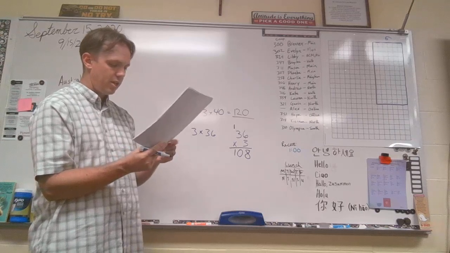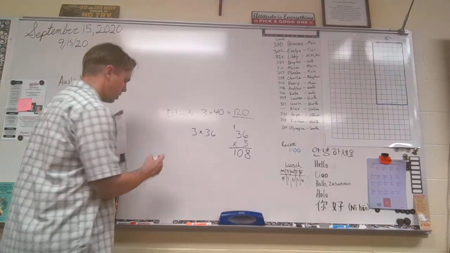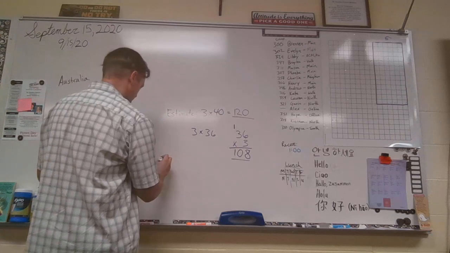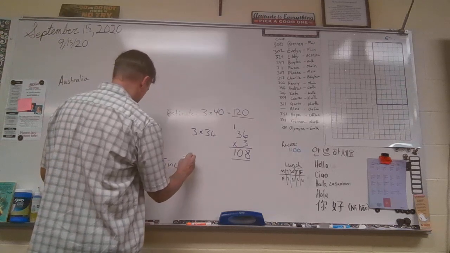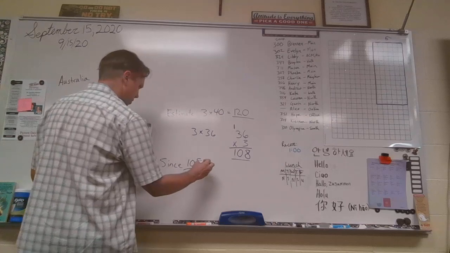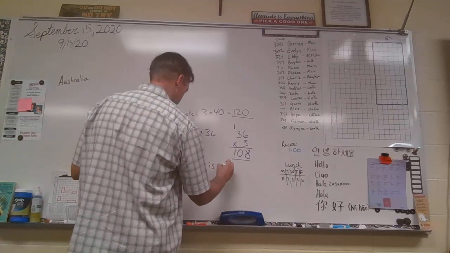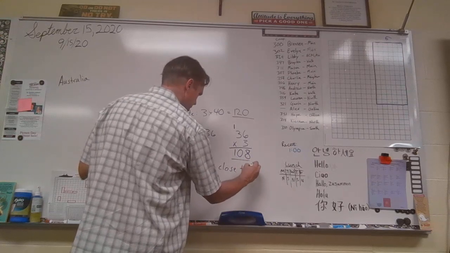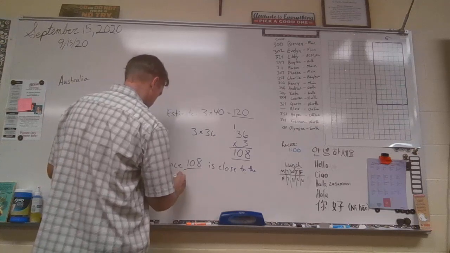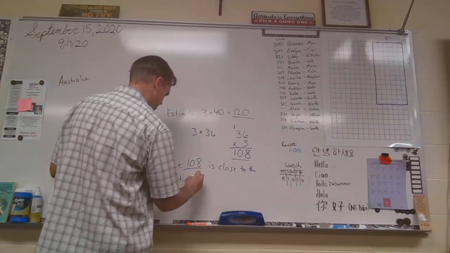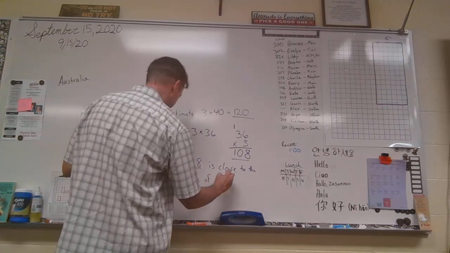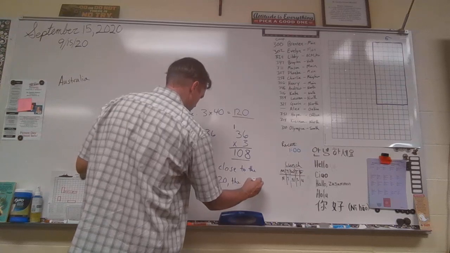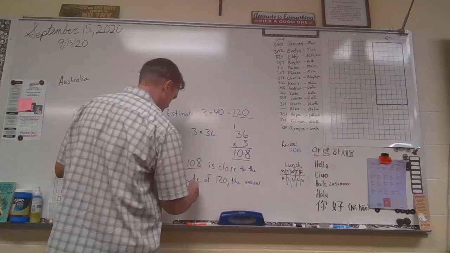And then, on that bottom area, after you've written in 108 feet in 3 seconds, you're going to say since 108, that's on the first line, is close to the estimate of 120, comma, the answer is reasonable.